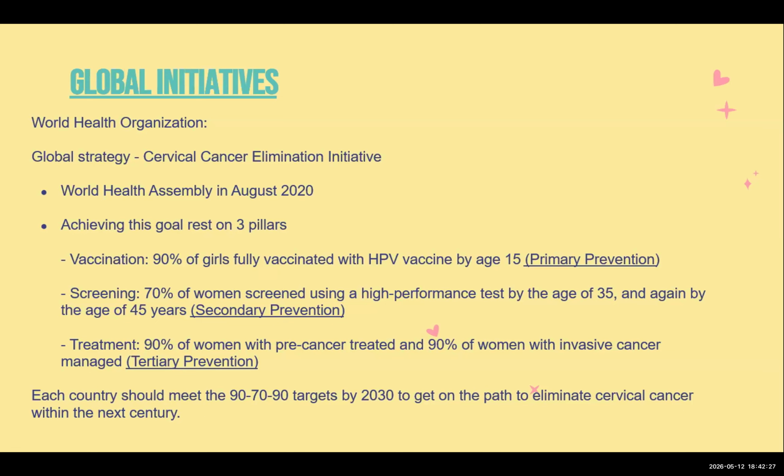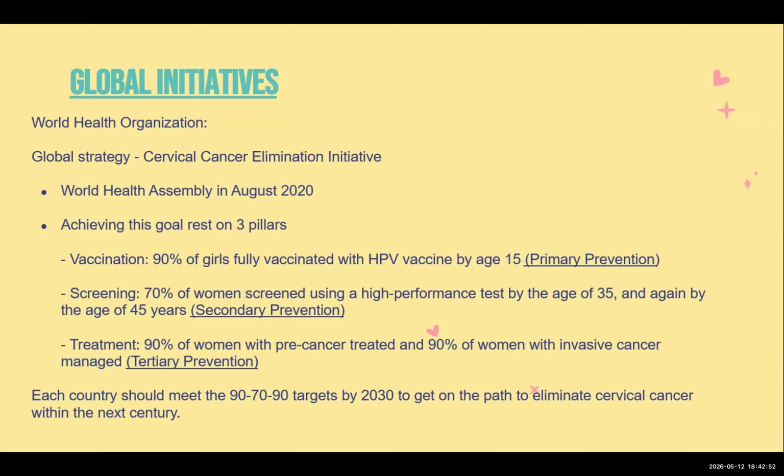So all countries had to agree to reach that in order to accomplish the first pillar. The second pillar, 70% of women screened using high performance tests by age 35, and then again screened by the age of 45 years. So screening was the second pillar, and that's a percentage of 70%.